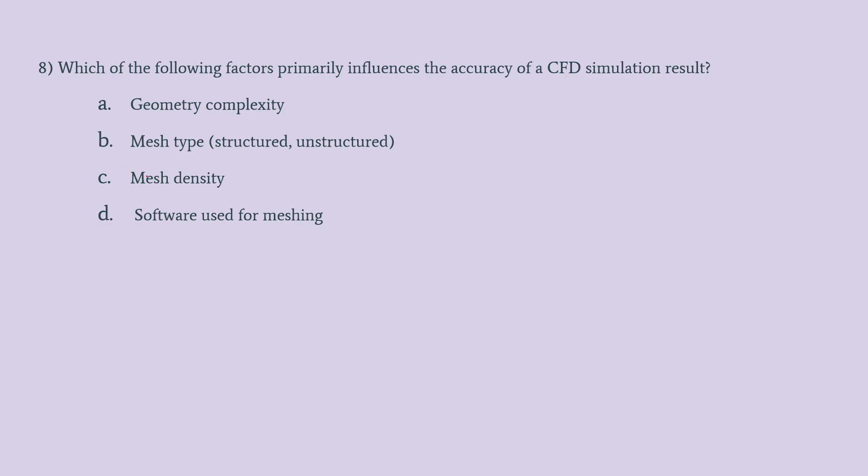Option C, mesh density. Option D, software used for meshing. So the question is on the primary factors that can affect the accuracies of CFD simulation result from the given list. You can try to answer the question.